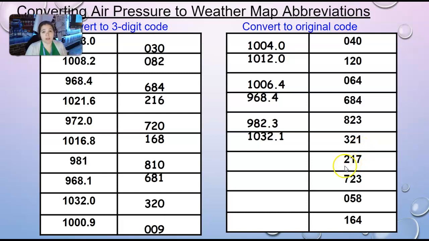Less than 5, 1021.7. Over 5, 972.3. Oh, sorry about that one. And then above, 1005.8. And above, below a 5, 1016.4.